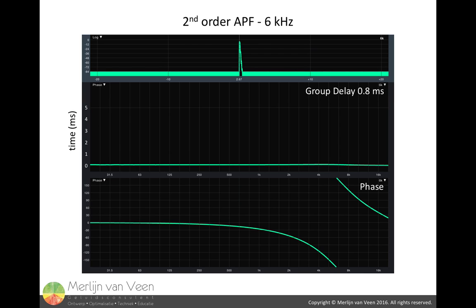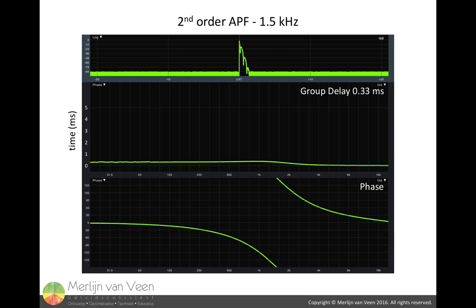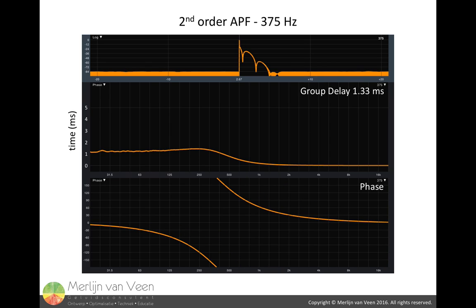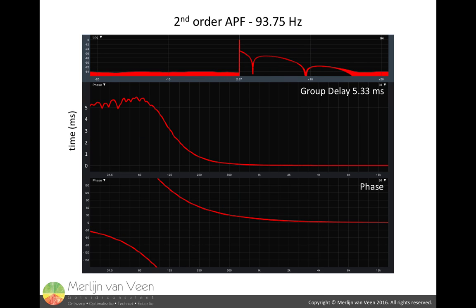This is 6K, 3K, 1K5, and now we can see an elevation in the group delay plot for frequencies below 1.5 kHz. 750, 375, 188, and finally 94 Hz. About 5 milliseconds of group delay, but only for a 2-octave wide span.